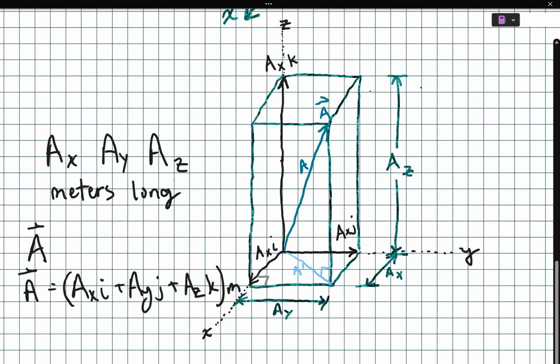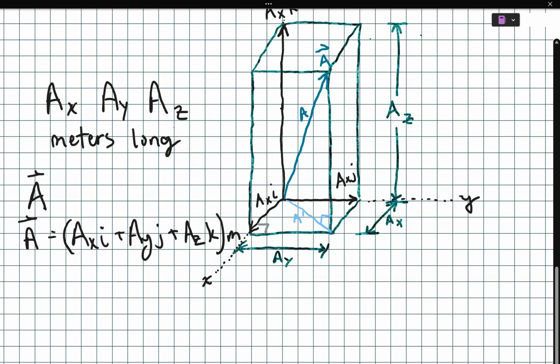Then the projection of vector A in that xy plane is A prime, and I labeled it A prime in light blue.